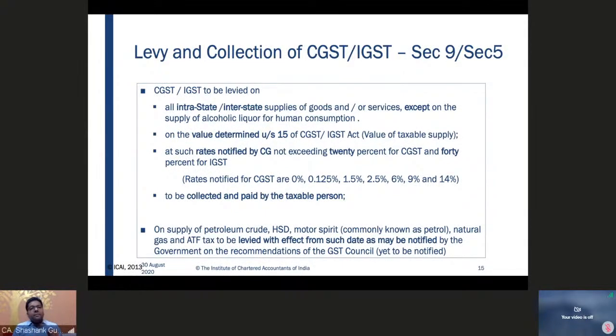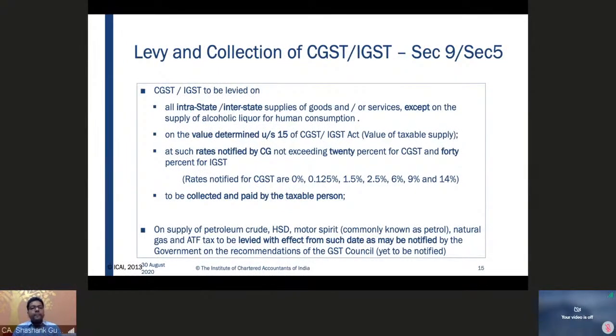The maximum rate of tax which can be there under GST is 40%. Compensation cess is something different over and above. But tax could be maximum 40%. So if it is IGST, it will be single IGST of 40%. If it is CGST plus SGST, it will be 20% CGST and 20% SGST.